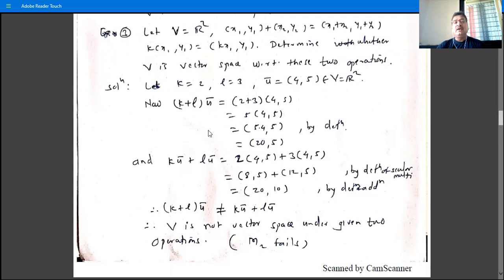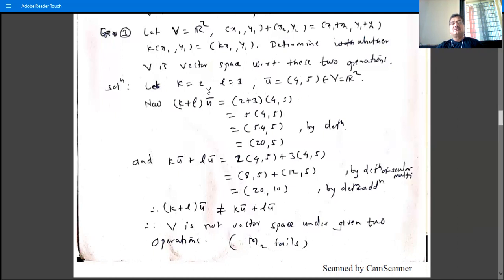And so we have to prove that K plus L U bar is not equal to K U bar plus L U bar. How can we prove this? By taking a counter example. Take K and L randomly. I have taken K as 2, L as 3. It is not necessary that K is 2 and L is 3. We can take K as 1, L as 5, or K as minus 2, L as 3 by 2, because K and L are scalars.